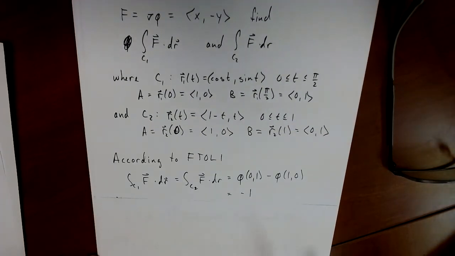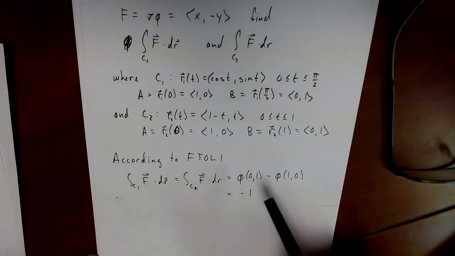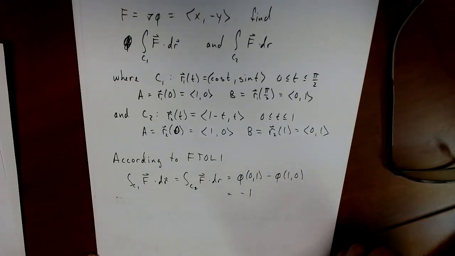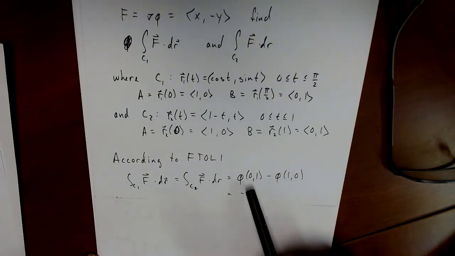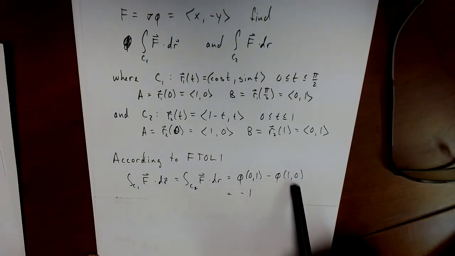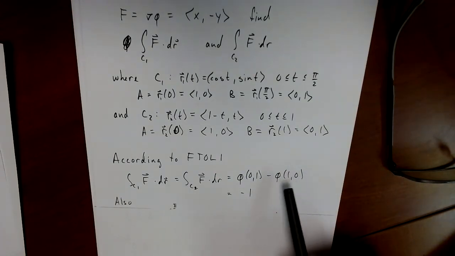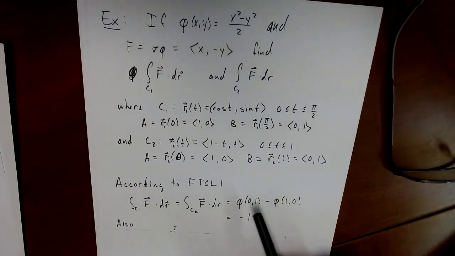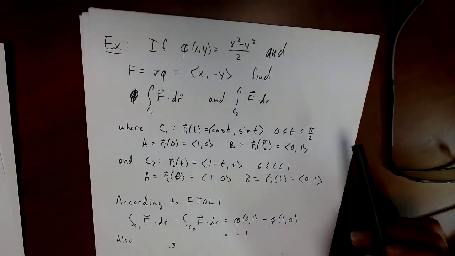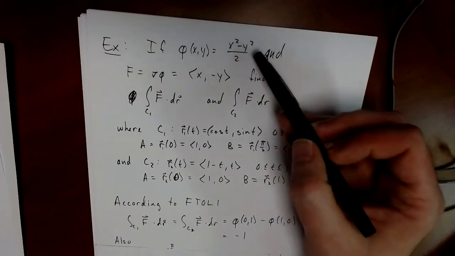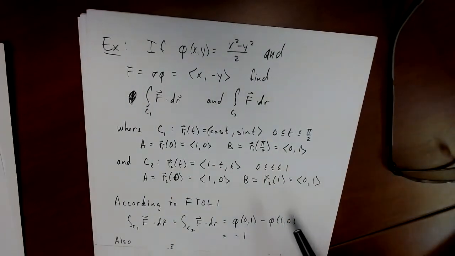So according to the fundamental theorem, these should be equal because it doesn't matter which curve I use, as my vector field is continuous and conservative over all of R2. So I can just take phi of b minus phi of a. Well, phi is (x squared minus y squared) over 2. So this will be negative 1/2 minus 1/2, which is negative 1.